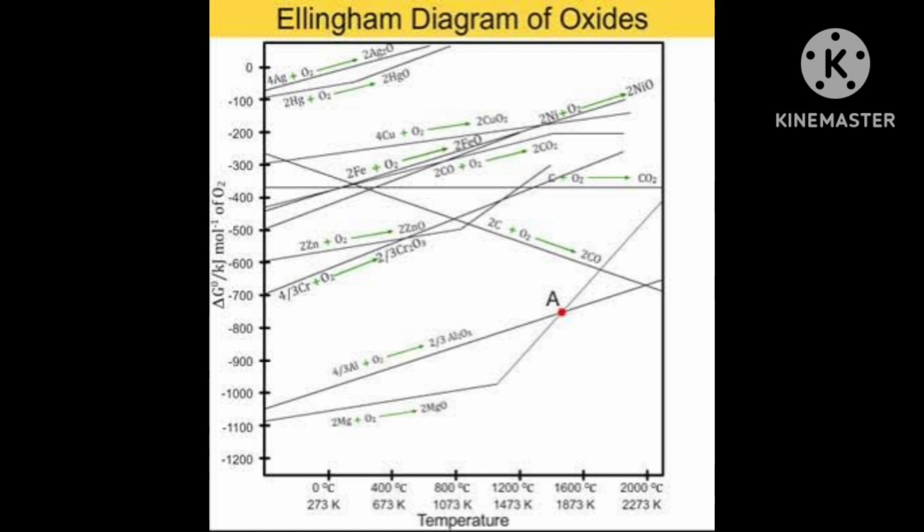Now the next point I am telling you, that is the fourth point. In an Ellingham diagram, the plot of standard delta G for oxidation, and therefore reduction also you can tell. Wherever oxidation is there, there will be reduction, that you know.